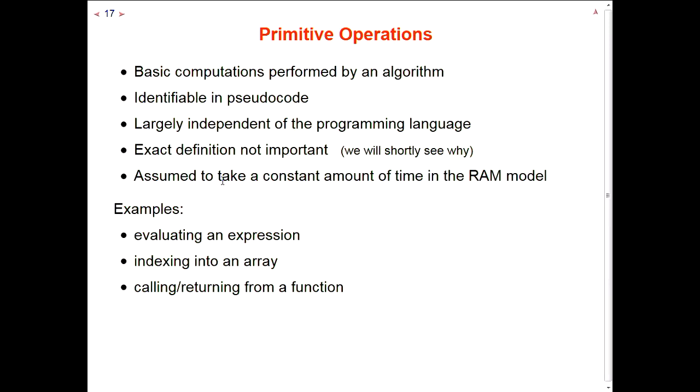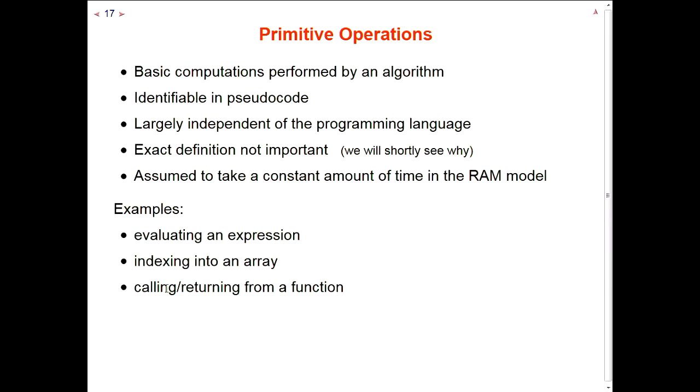Now here are examples of what people typically consider as primitive operations in pseudocode. It would be evaluating an expression, such as a mathematical expression, a summation of two values, for instance, or a condition in a while loop. Indexing into an array is considered a primitive operation because you have to find the memory cell where a particular index points to.